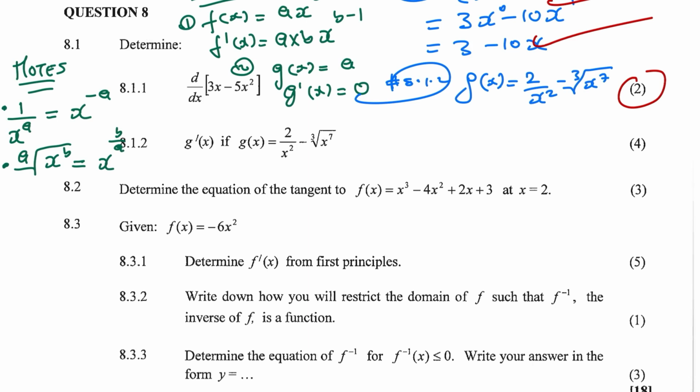That's what you need to remember. If it's 1 over x power a, this can be written as x power negative a. Now if you have the square root of x power b, this can be written as x power b over a. And that's what you're going to be using. You're going to be using this information and this information to answer this question.